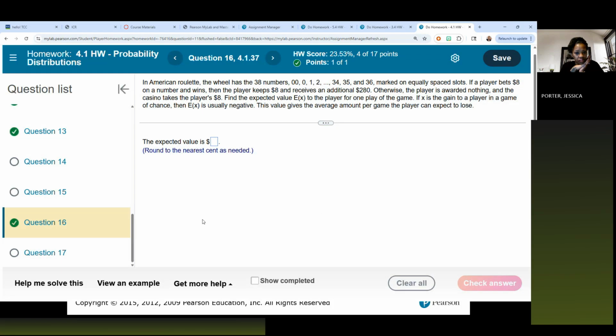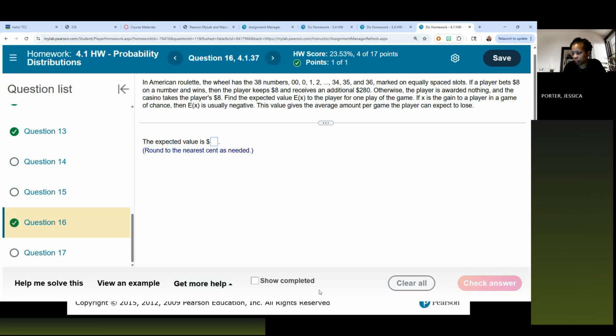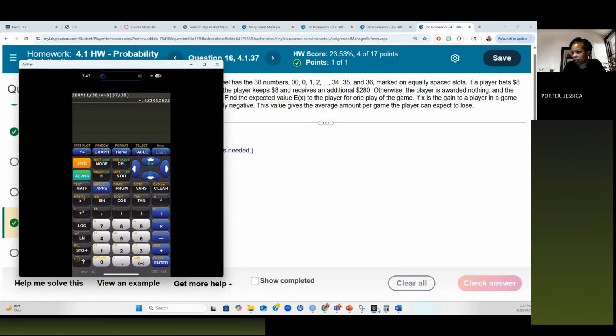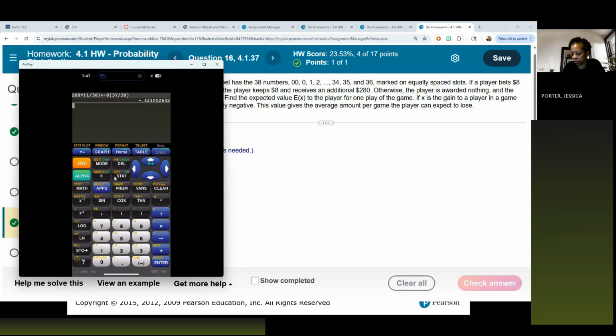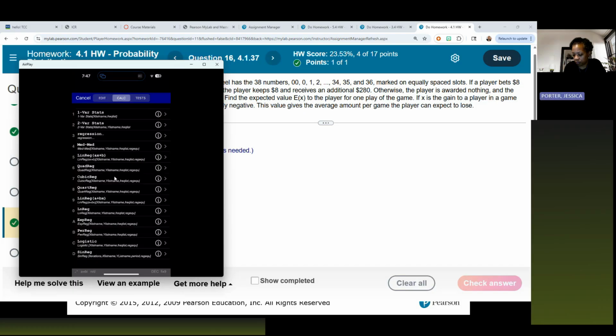I don't have a question, but I think I have found an easier way to do the mean with the calculator. Okay, what'd you find? So if you go to stat and then go to edit and then do the list L1 and L2. After you do that, you go to stat again, then go over to calc, and then go to 1.